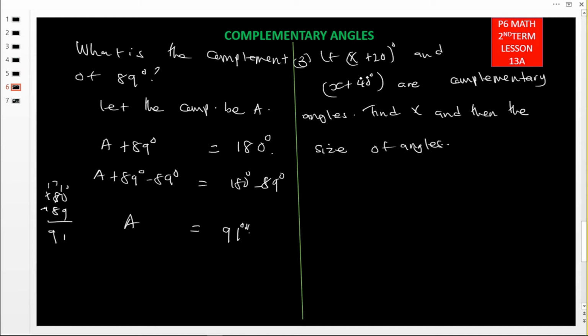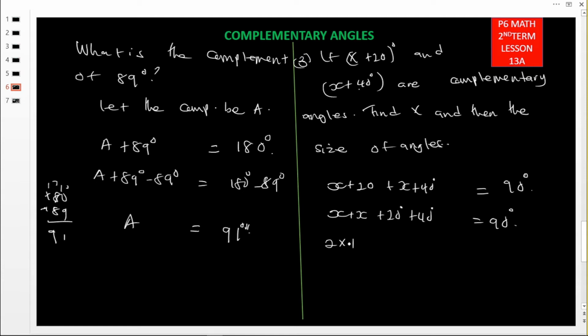So remember they have told us that if these two angles are complementary, meaning that when we add this angle and this angle, they are going to add up to 90 degrees. So we are going to have x plus 20 degrees plus x plus 40 degrees giving us 90 degrees.